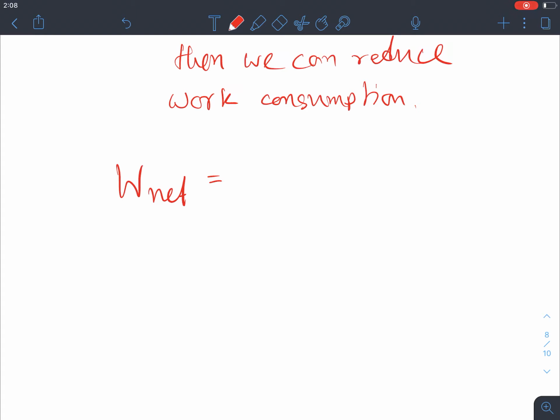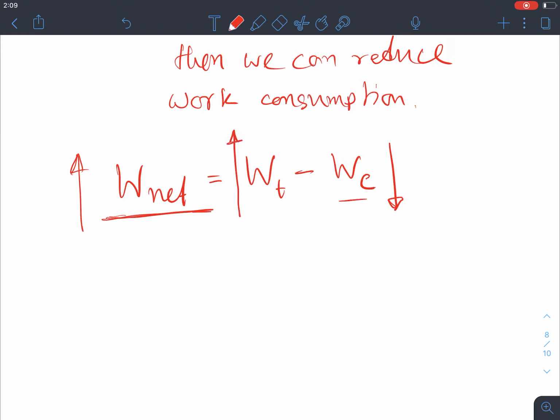If we reduce the work consumption, then for W net of a closed system, let's focus on the Brayton cycle, W net equals W turbine work minus W compressor work. So if this thing goes down, then the efficiency or the total work done by that system will go up.